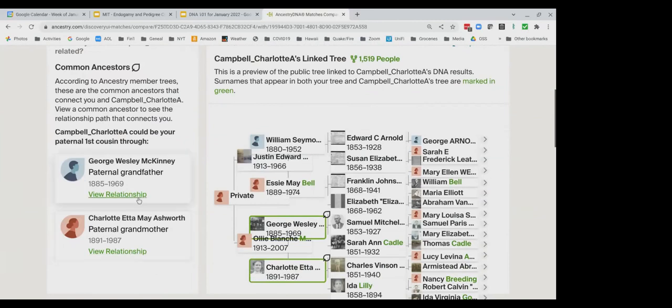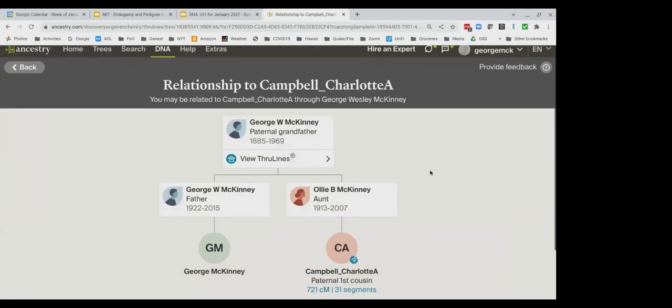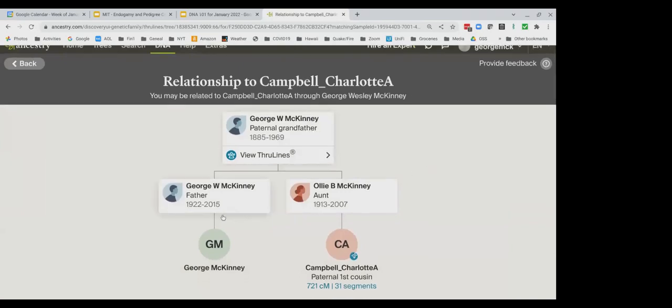Remember, these are two different relationships, because it's quite possible that we share the same grandfather, but that grandfather married again, and so we don't share the same grandmother. So let's view the relationship. This is in Ancestry. Here we have my grandfather, my father and his sister, myself, and Charlotte, who is the daughter of my father's sister.